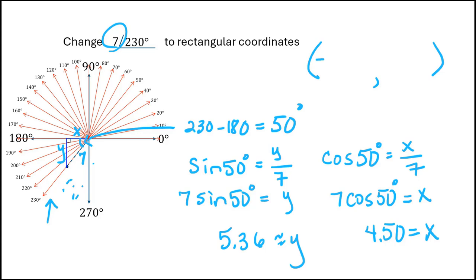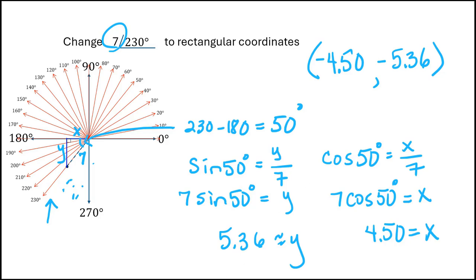So we have to make sure we put those negative signs here in our answer so that we will be in the correct quadrant. So our y is negative 5.36, and our x is negative 4.50. So those are the rectangular coordinates of that point at 230 degrees. That's how you change polar coordinates to rectangular coordinates.